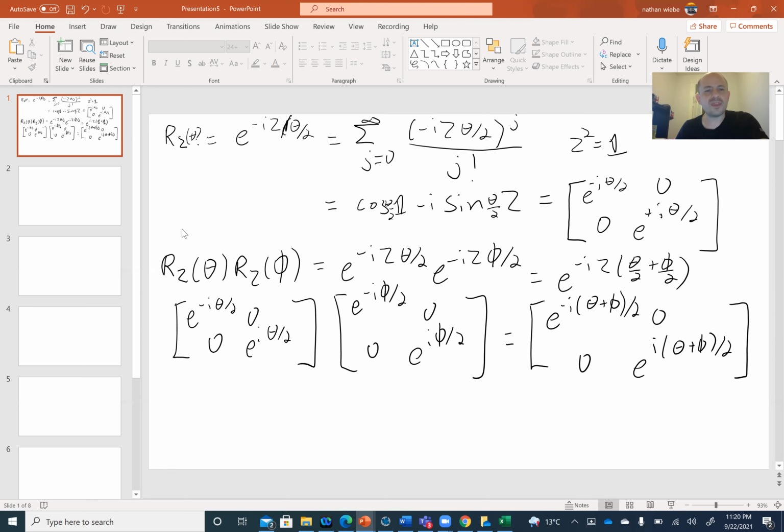So this is a property that we end up having for rotations. And in general, the property for any matrix that's at least a normal matrix is that e to the A theta times e to the A phi is equal to e to the A (theta plus phi).